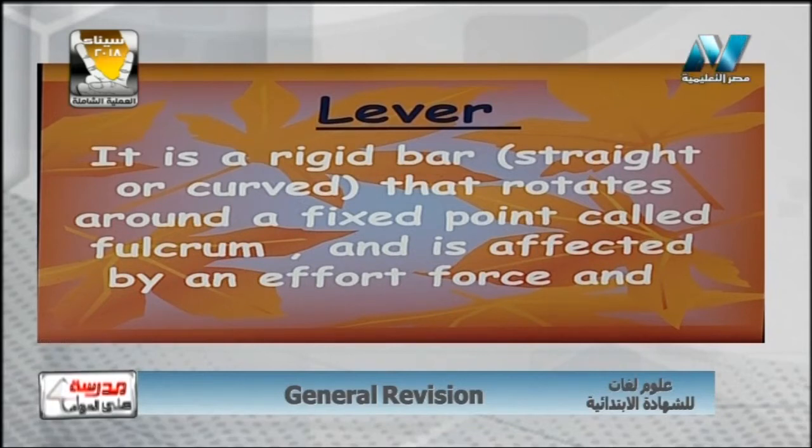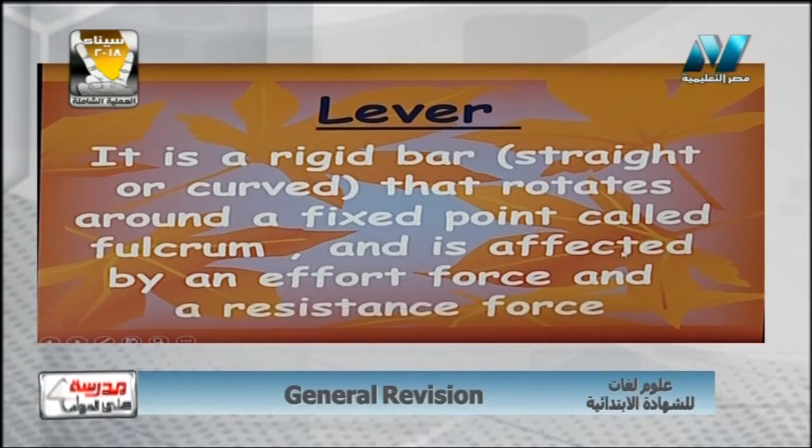The fulcrum's position changes from one type of lever to another and is affected by the effort force and the resistance force. So a lever is generally a rigid bar that rotates around a fixed point called fulcrum and is affected by an effort force and resistance force.